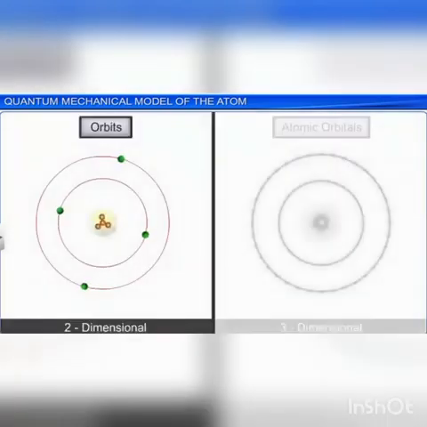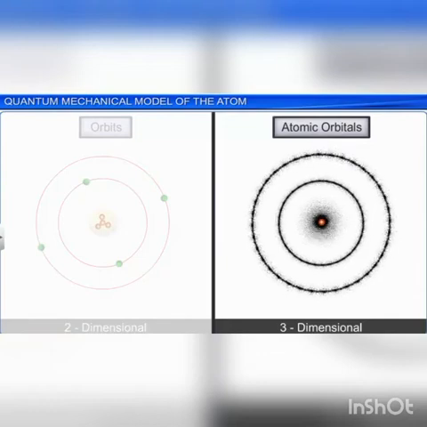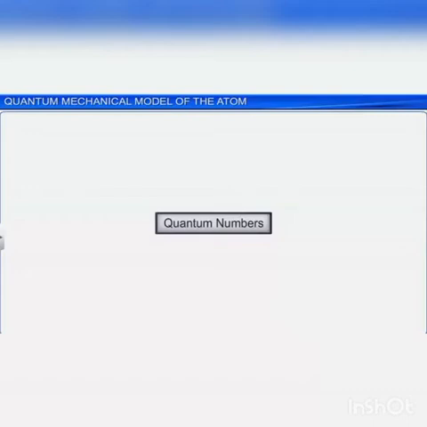Note that these orbits are two-dimensional circular paths around the nucleus, in which the electrons revolve, whereas atomic orbitals are three-dimensional regions around the nucleus where the probability of finding an electron is the maximum. Now let us see how the atomic orbitals are distinguished by quantum numbers.